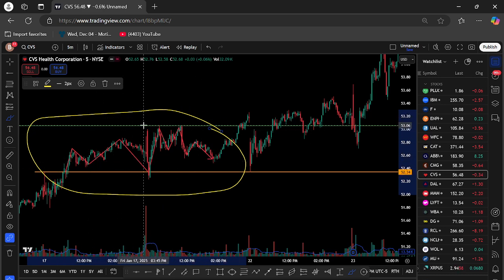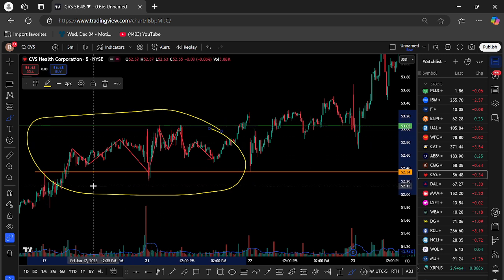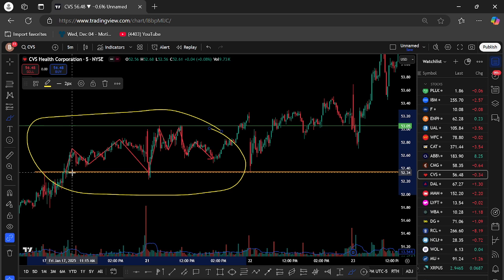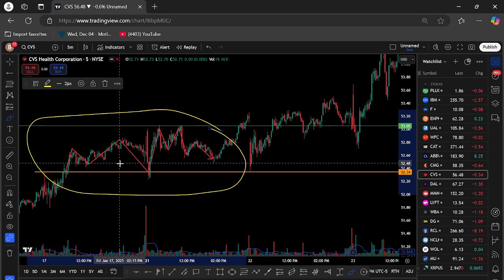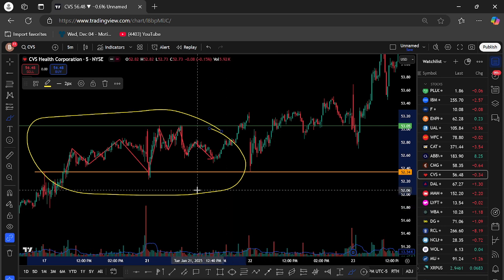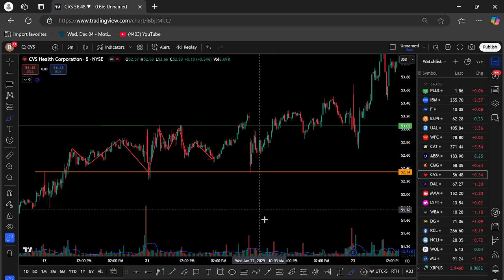Because it stays in a range, as soon as it hits this area at 5304, it gets rejected. And then as the stock hits at 5234, it bounces. All right. So this is another way of trading that a lot of traders out there like to use, this range trading. But we're going to do another video in more detail in the future.